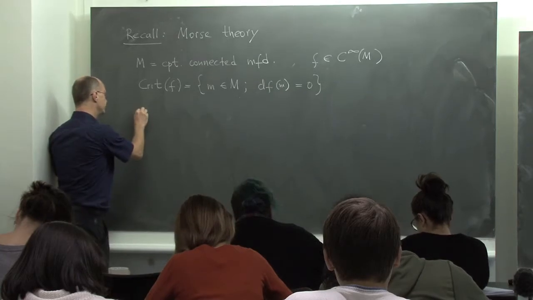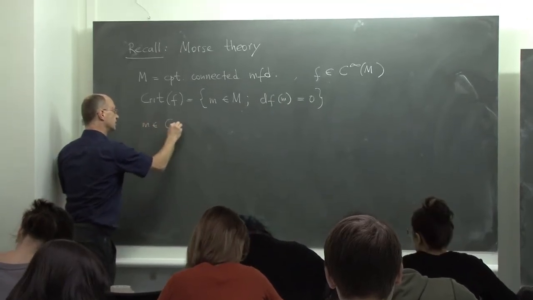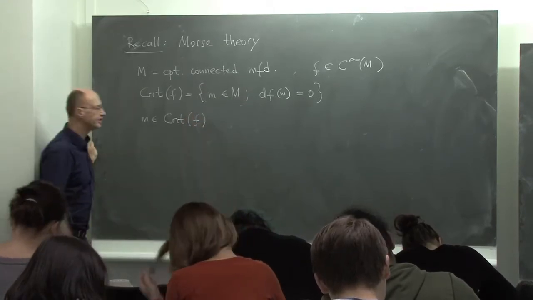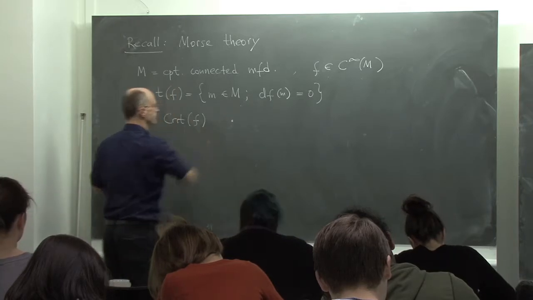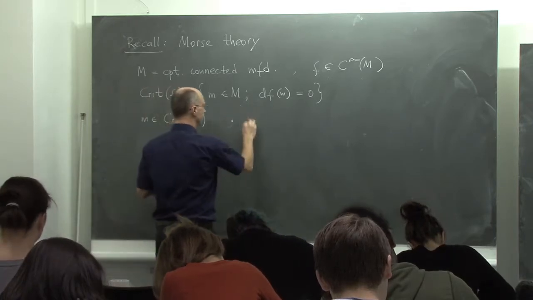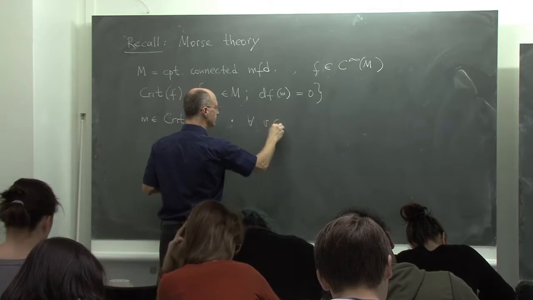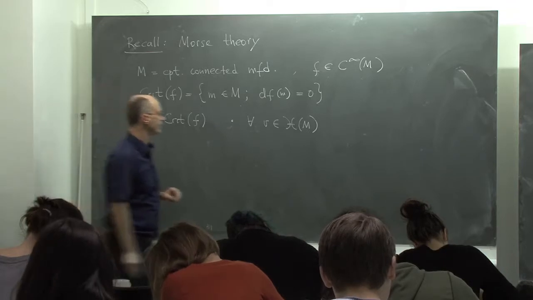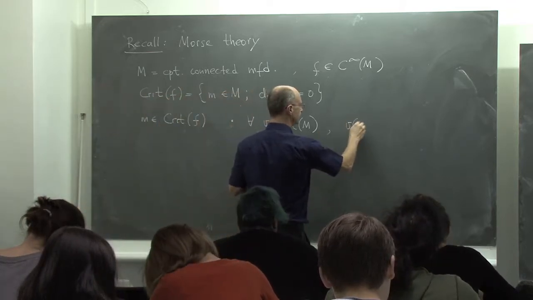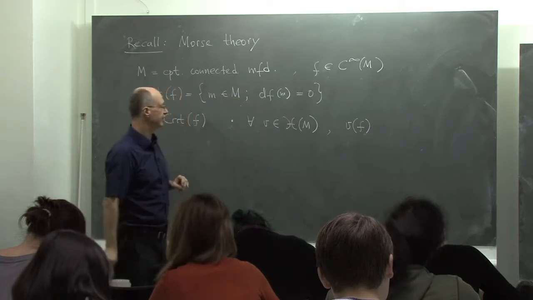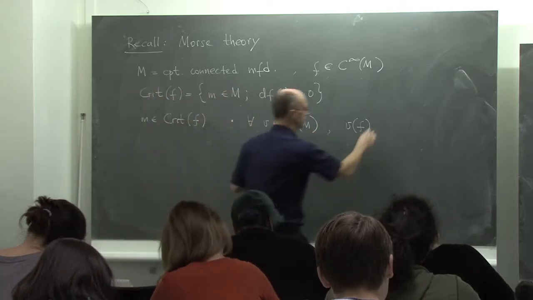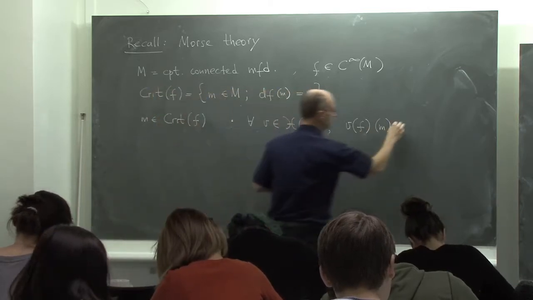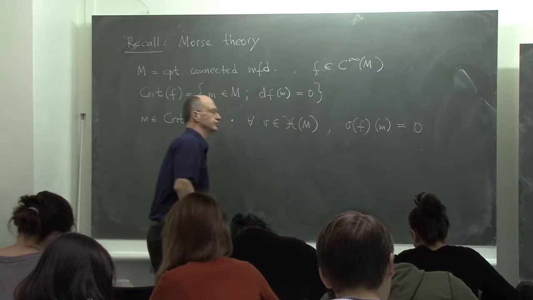So suppose we choose a point in this critical set. Then there are several things that happen there. First of all, if we take any vector field on M and we differentiate our function f using this vector field and compute this derivative at M, then it is equal to 0.